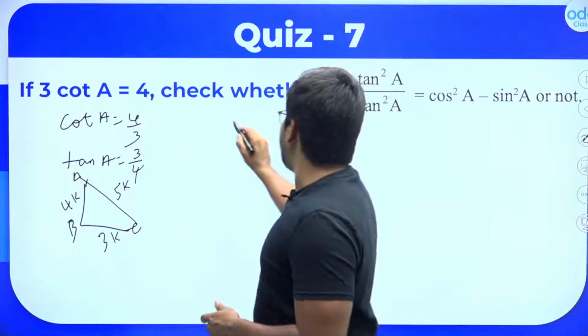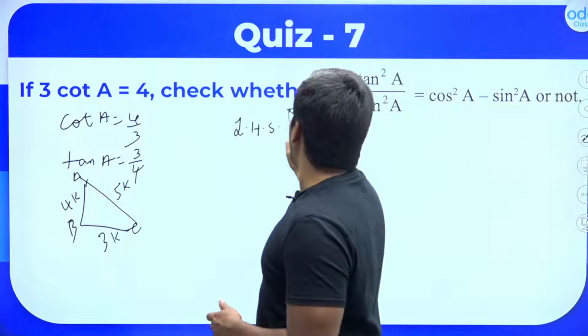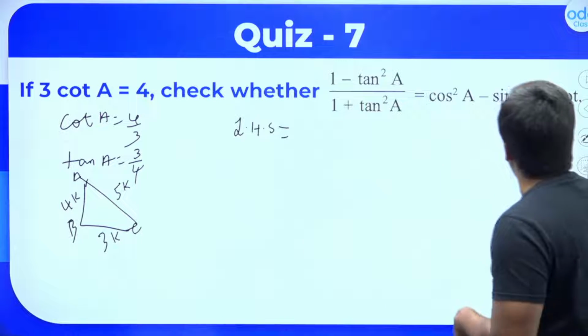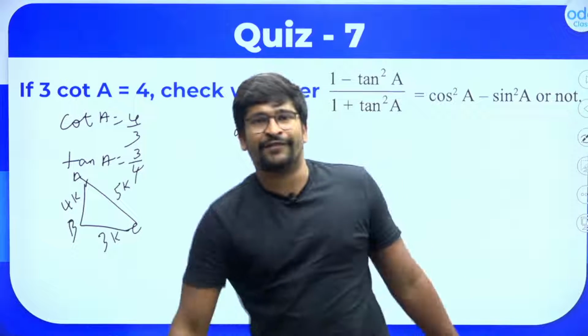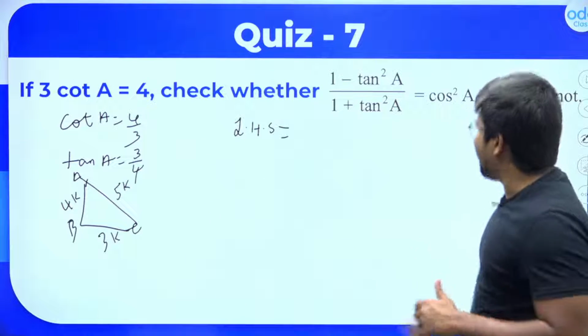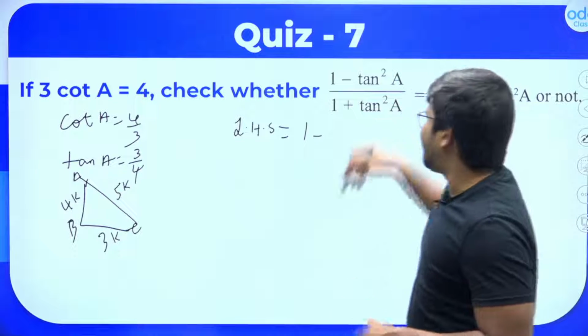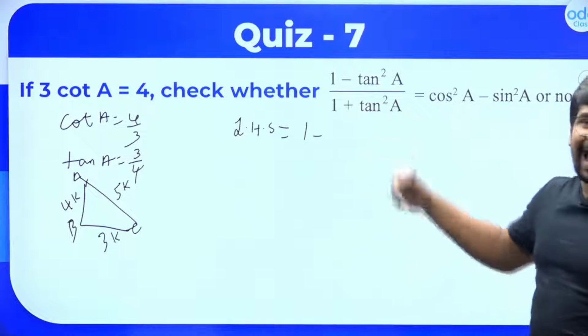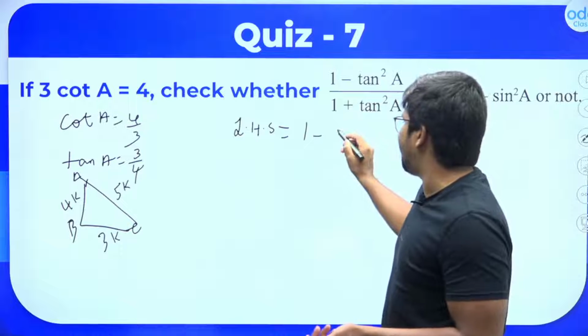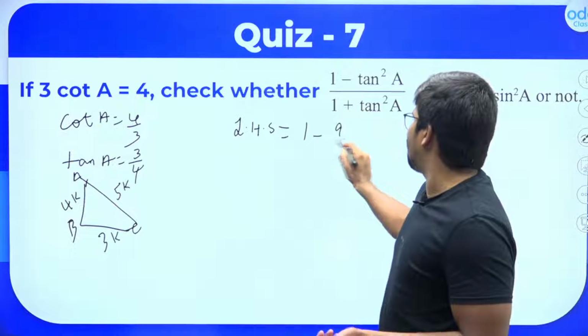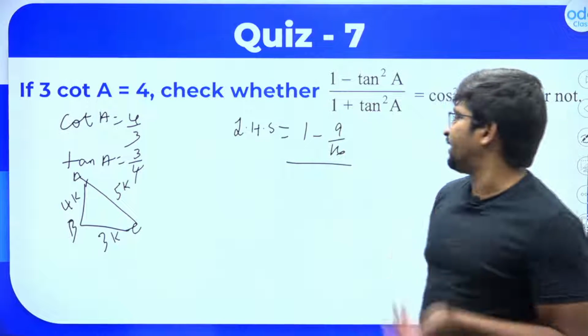So in LHS, let's substitute the values. You have to check whether LHS is equal to RHS with respect to these given values. That is what you have to check. So LHS is 1 minus tan square A. What is tan A? Tan A is 3 by 4. So tan square A will be 3 by 4 the whole square, which is 9 by 16. Is it clear to all?